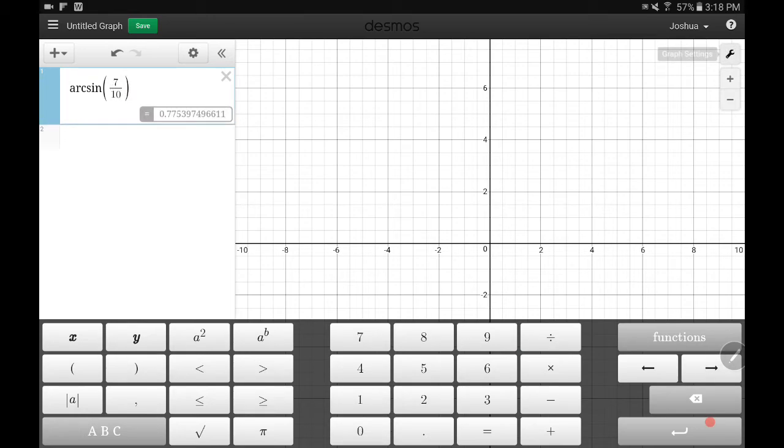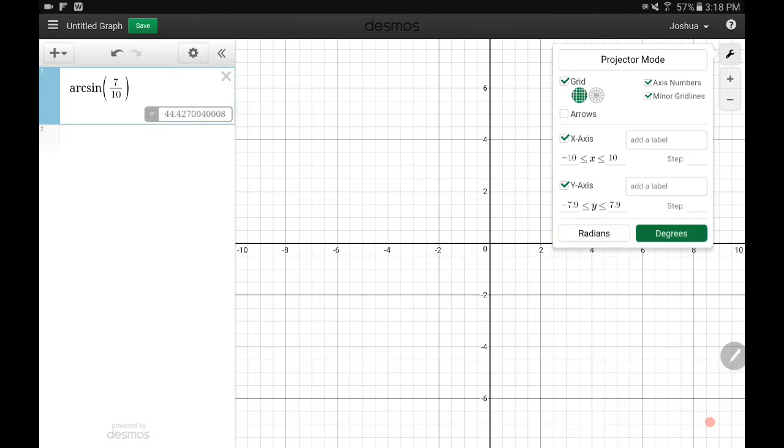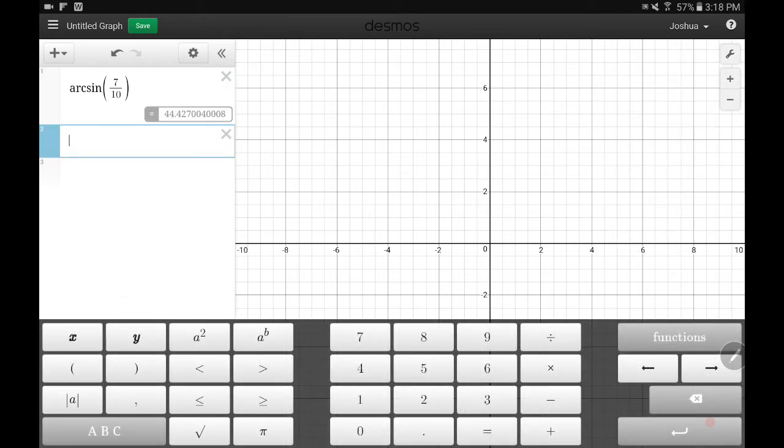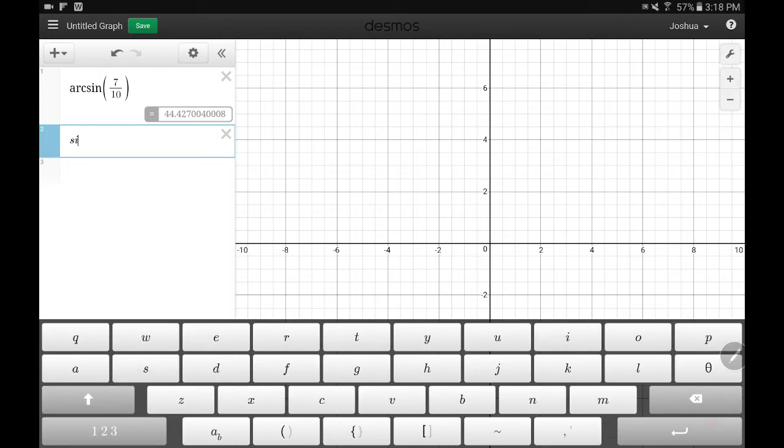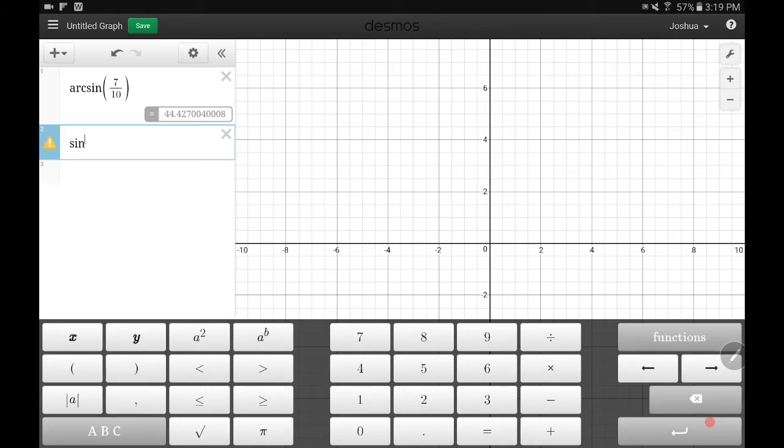Now, you got to make sure you're in degree mode though. Or you could also type in sine and then do the inverse by doing -1 and then do 7 divided by 10. And it'll give you the same answer. So either one works.